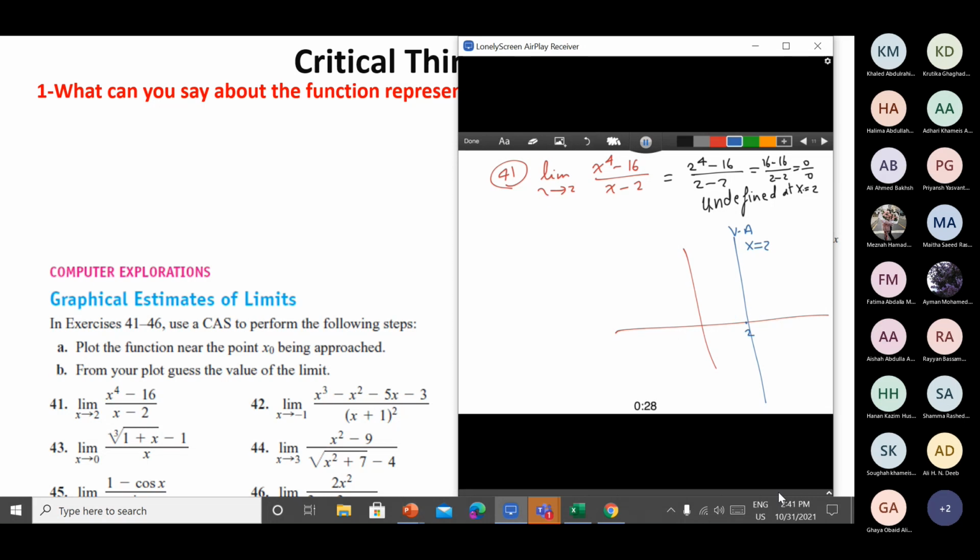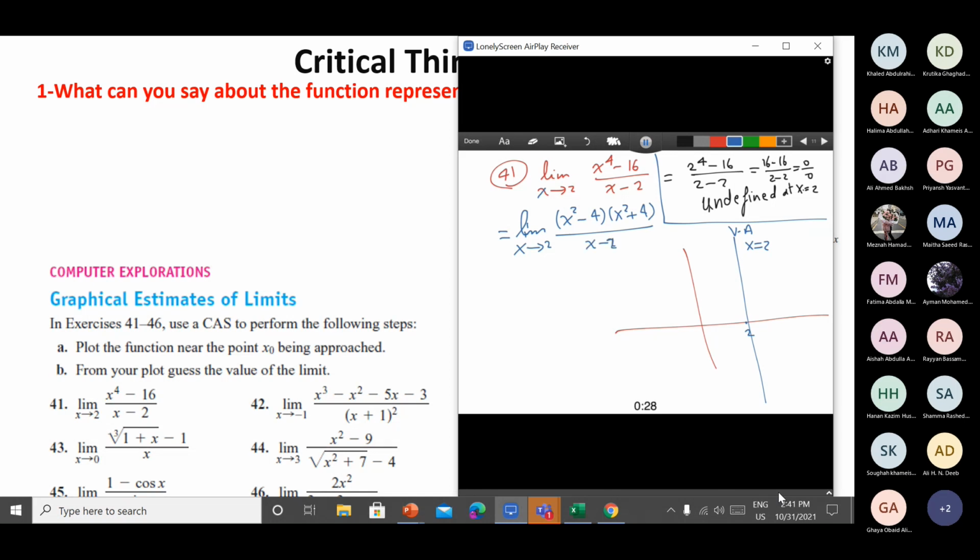Fine. How to find the limit if I have this one? I have to factorize the numerator. So forget about this one now, because I cannot accept the undefined value. So what you are going to do, you just have the limit when x tends to 2. How to factorize this one? X squared minus 4 times x squared plus 4 over x minus 2.